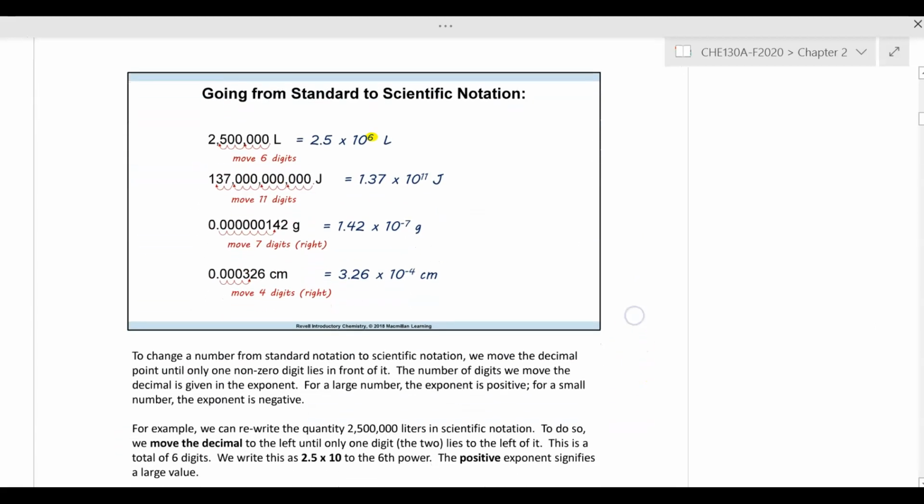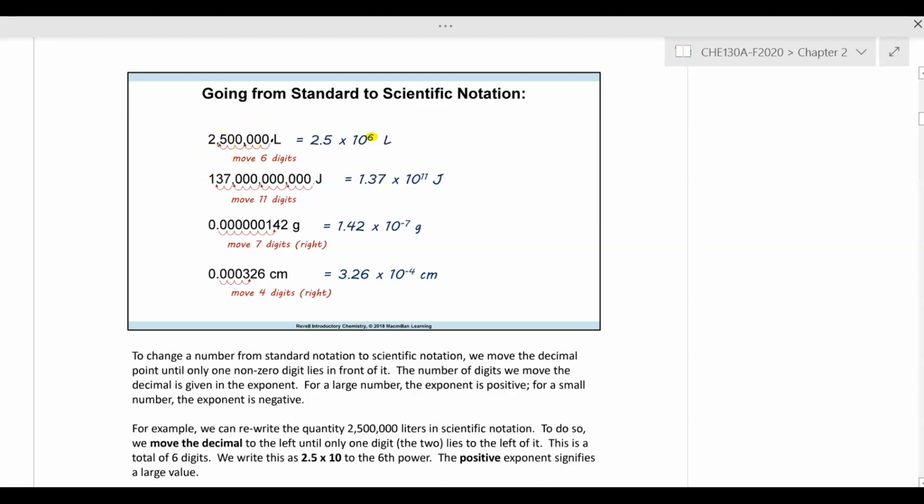And going back and forth between standard and scientific notation, you're going to count how many places you need to move the decimal and then put in the appropriate power of 10. So with 2,500,000 liters, which is a lot, but that might be a pretty small swimming pool actually, we move over to our left 6 times, so we're moving the decimal from here over to here.